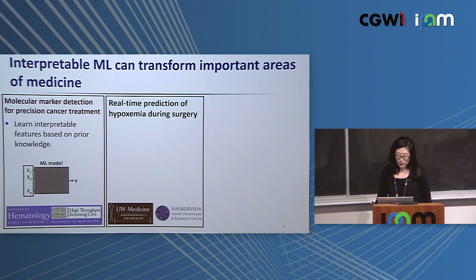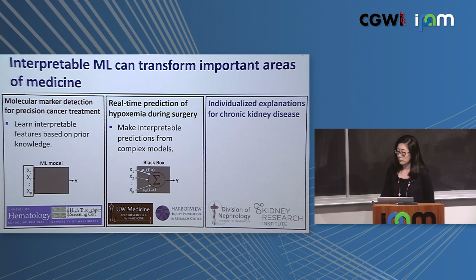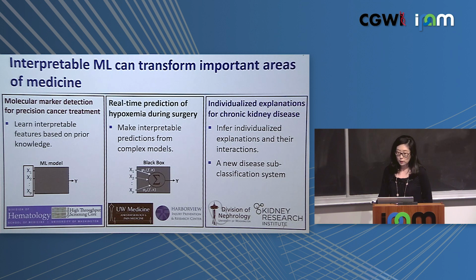Second, real-time prediction of various adverse events during surgery. We show that making interpretable predictions helps anesthesiologists predict hypoxemia events much better. And last, individualized risk factors for chronic kidney disease. The first part is about learning the interpretable feature representation. The second part is about making interpretable prediction.